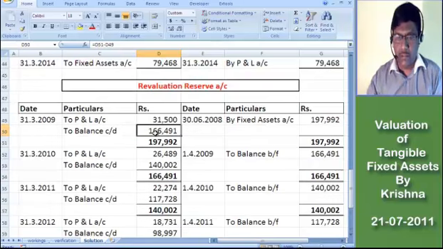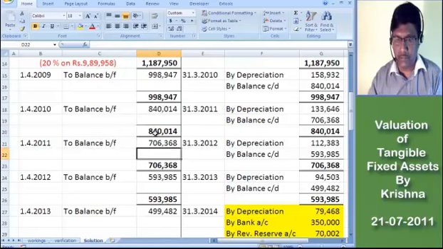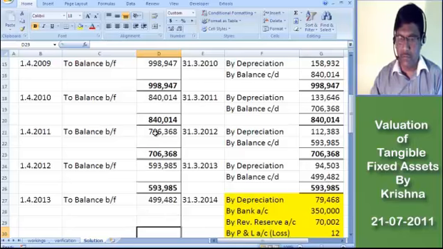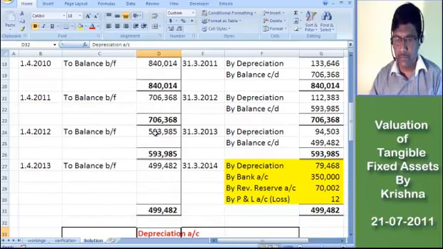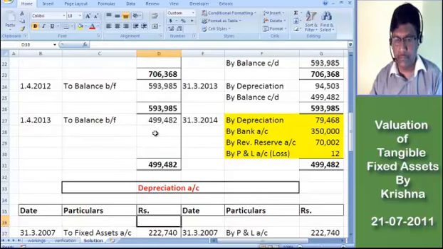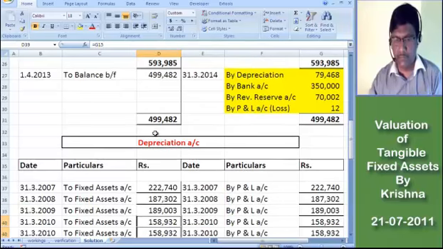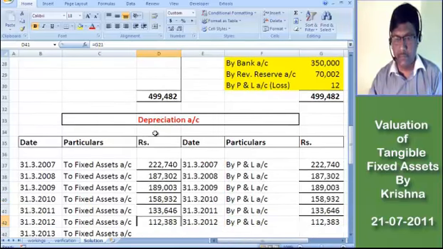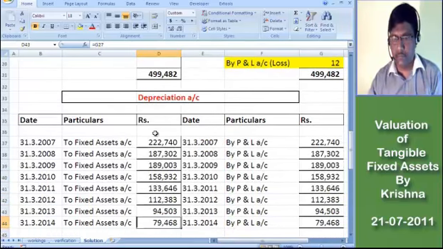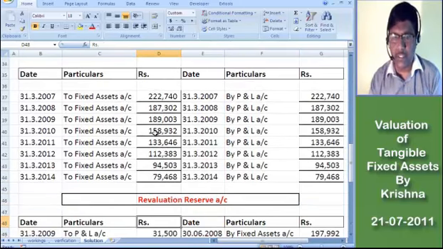Okay. So the depreciation account is usual, that you know how to do it. That I will show you. So the 8 year depreciation account we are showing here.